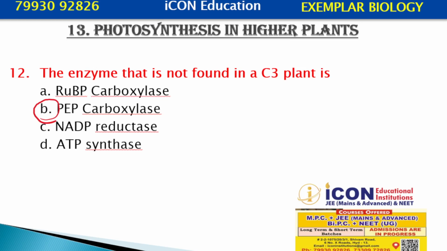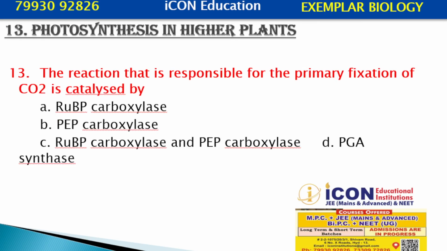Question number 13. The reaction that is responsible for the primary fixation of carbon dioxide is catalyzed by... If you look at the question, students, they are not asking C3 or C4. They are just asking about primary fixation of carbon dioxide. We know that both RuBP carboxylase and PEP carboxylase help in the primary fixation of carbon dioxide.